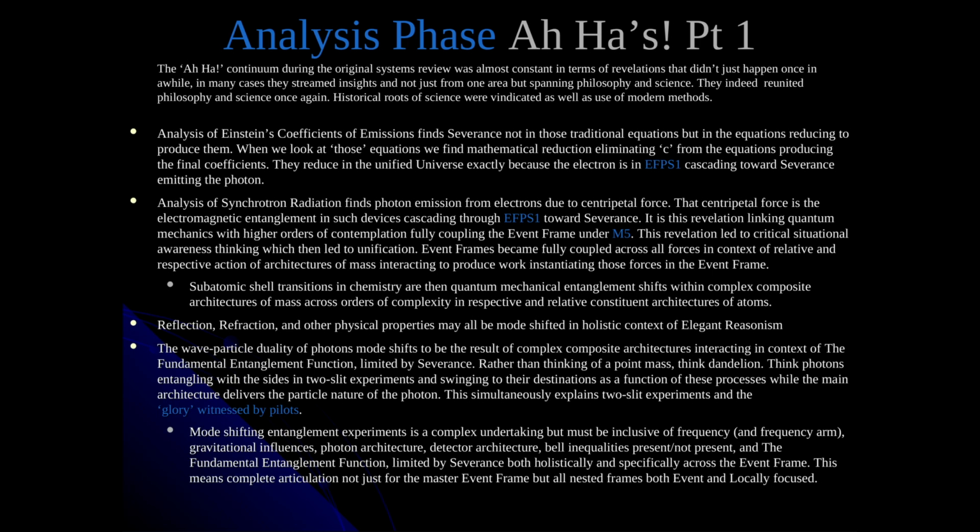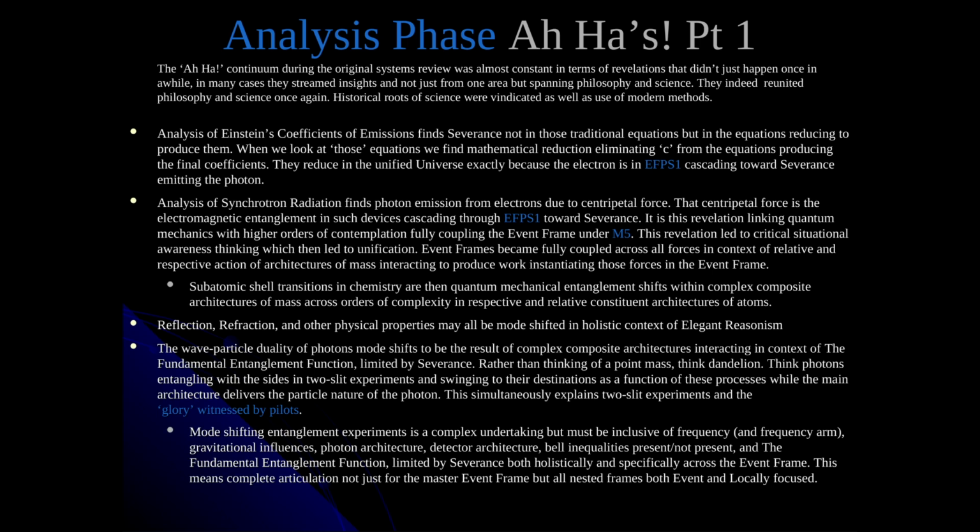But when we started looking for clues for severance, for example, and we were reviewing Einstein's coefficients of emissions, we didn't see it there kind of sitting in front of us.